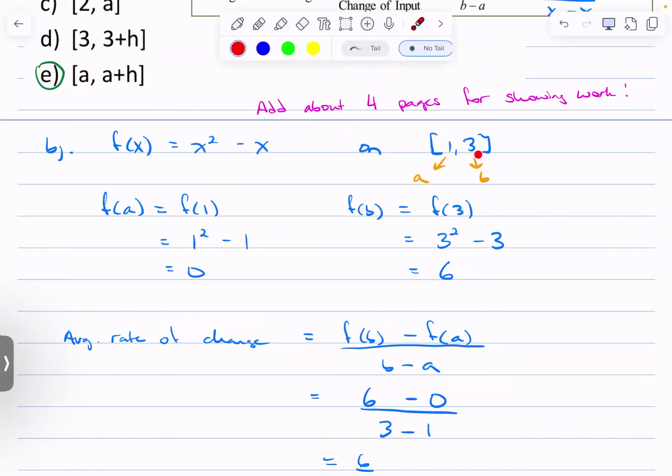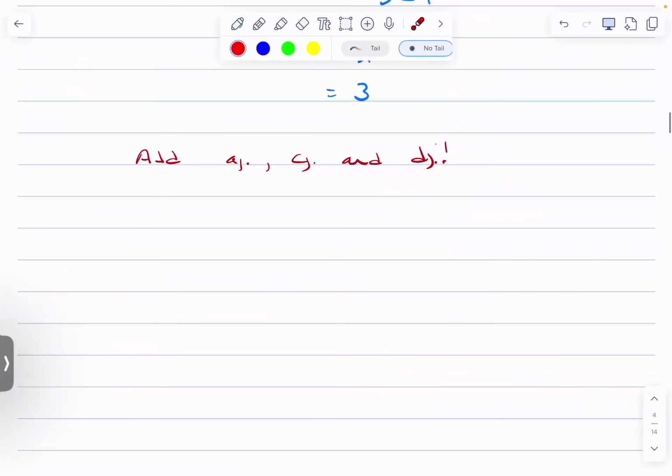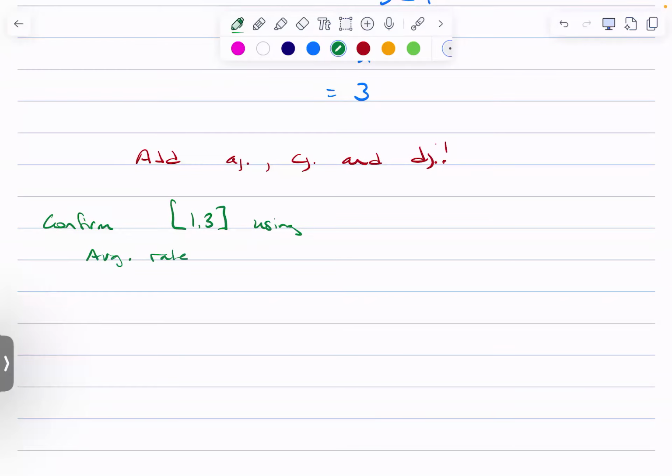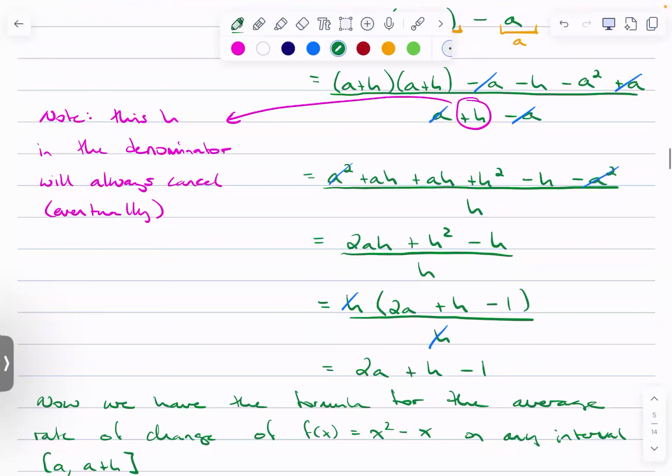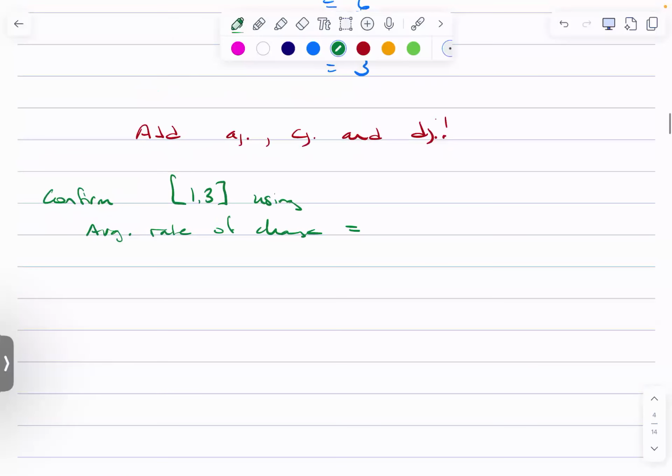On the interval of 1 to 3, if a is 1, then h... so let's confirm that 1 to 3 using the average rate of change, 2a plus h minus 1.